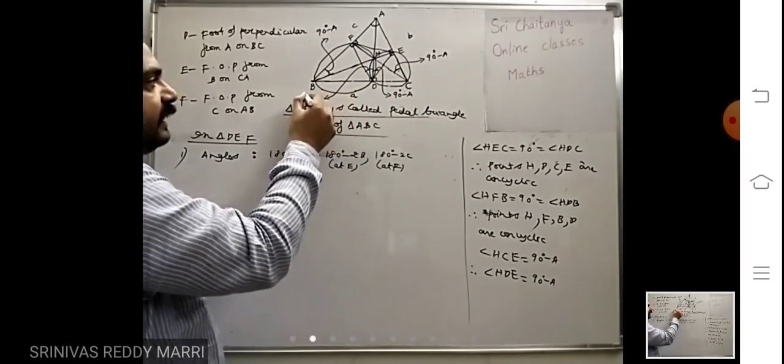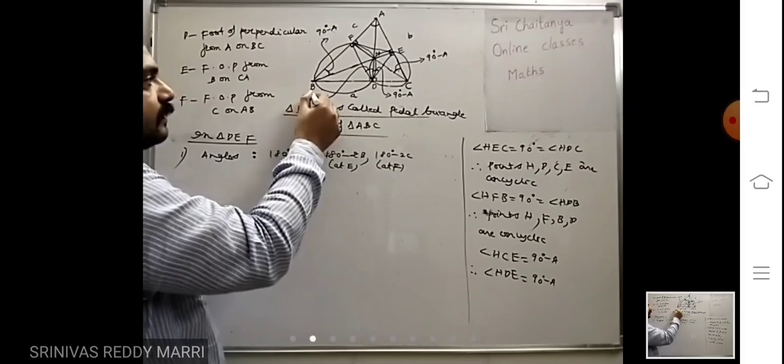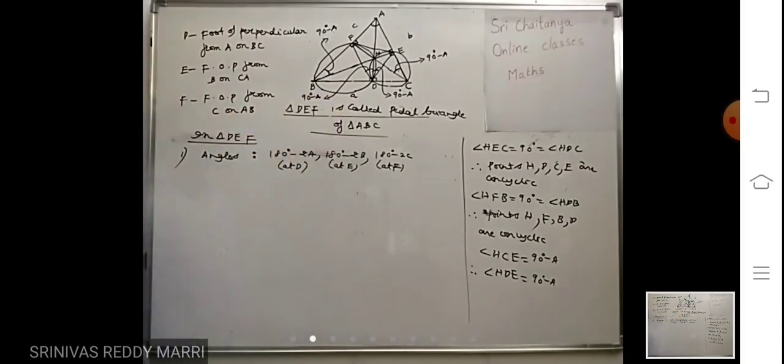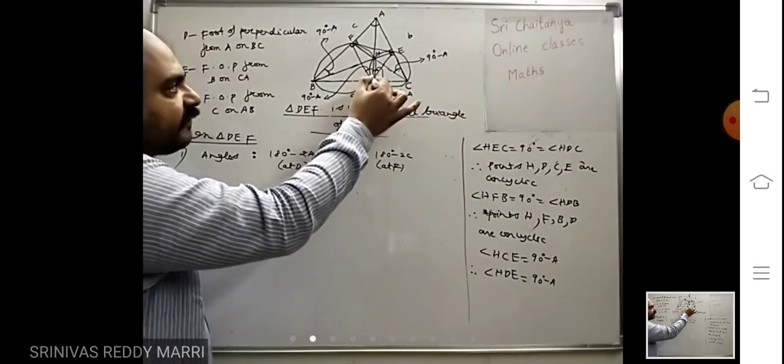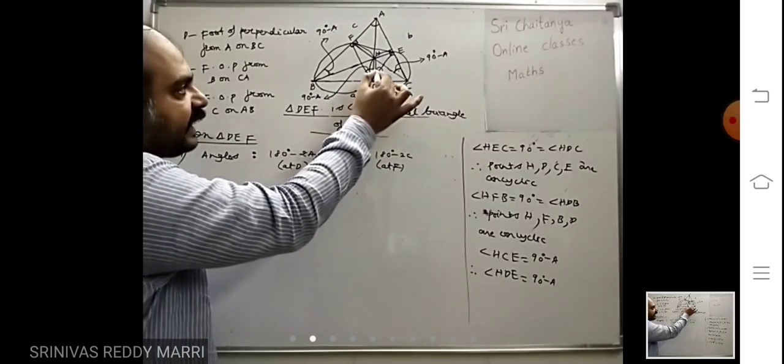So this angle is 90 degrees minus A. Now what is our required angle? Our required angle in the triangle is this one.